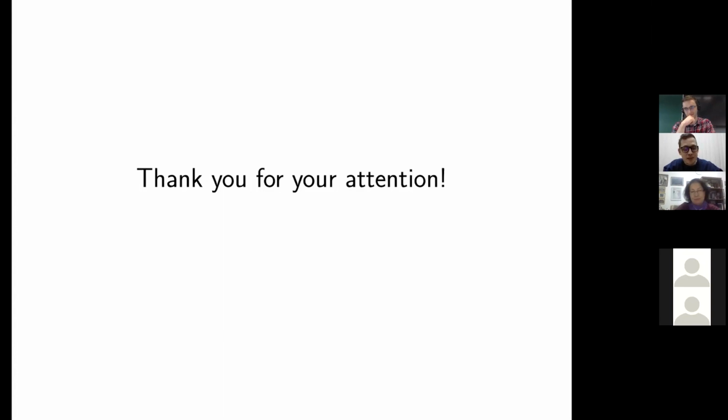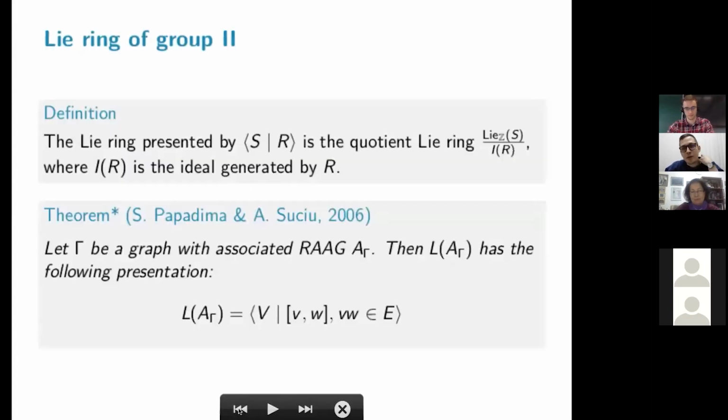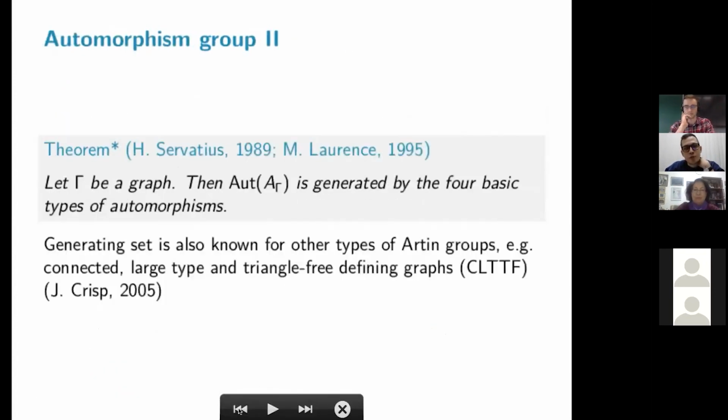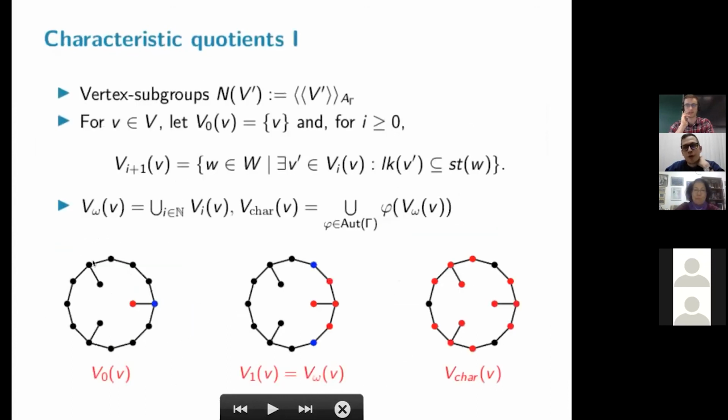So somewhere in the middle, you introduced a way how to construct by a graph a characteristic subgroup of a group. You choose some vertices, and then there is an iterated procedure, and at the end it gives a characteristic subgroup.